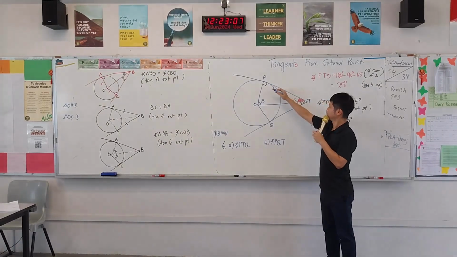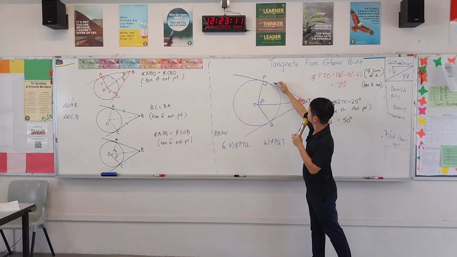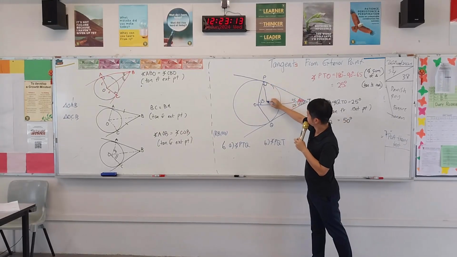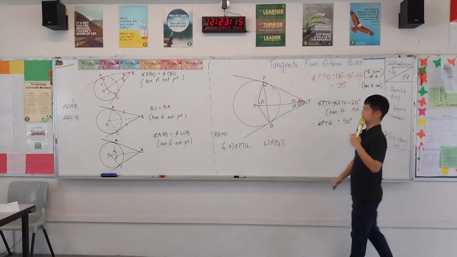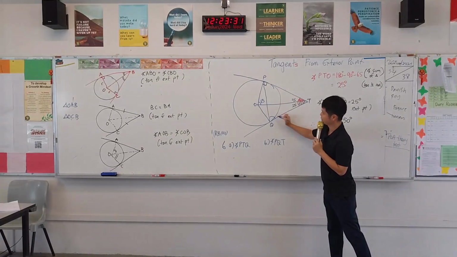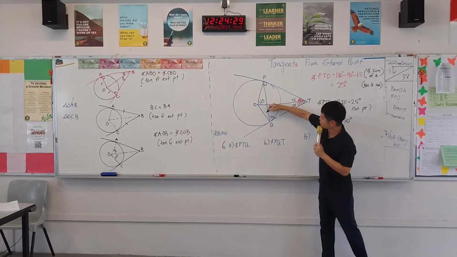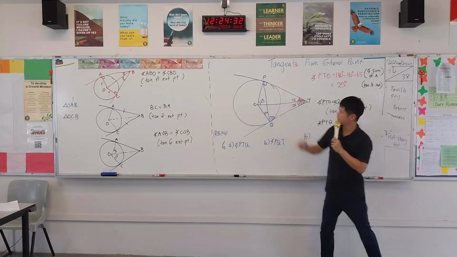Okay, P, Q, T. Oh, I must join these two. So PQT will be this angle, right? So I need to find this angle here. First, I will find this angle.